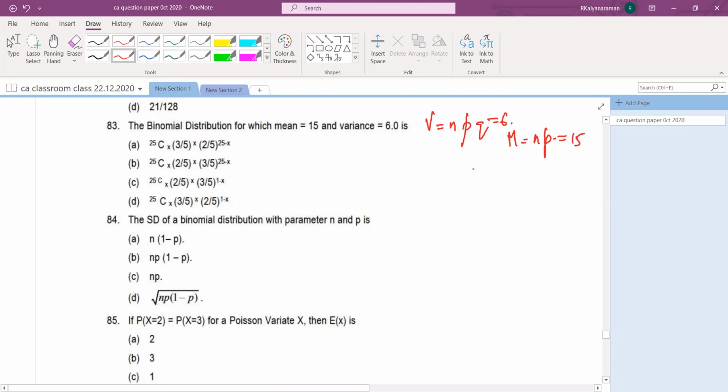So if I divide, Q is equal to 6 by 15. So it is 0.4. So Q is 0.4, P is equal to 0.6.